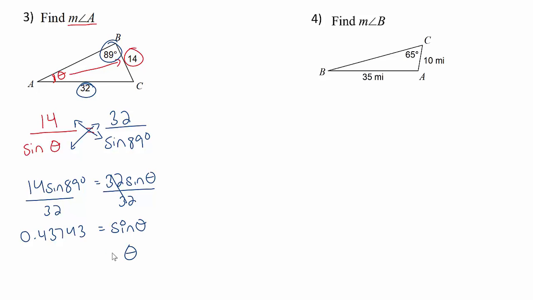So to get theta, we actually do sine inverse of both sides, which cancels on one side. And we're going to type this in our calculator. So we would get theta, or angle A in this case, is going to be equal to 25.9. So I could say that the measure of angle A is 25.9. Okay, why don't you take a minute and try number 4.